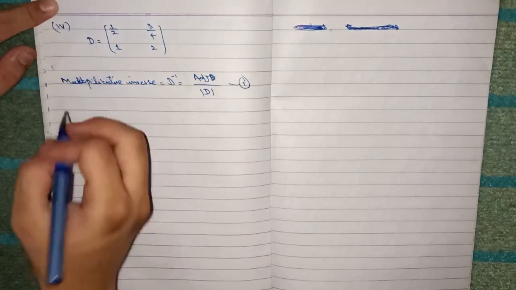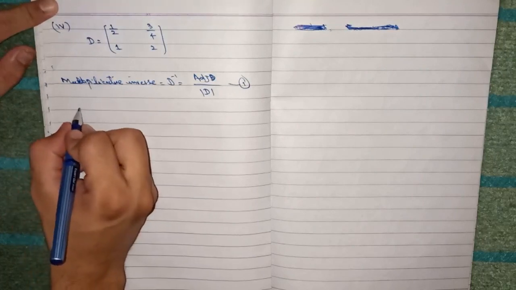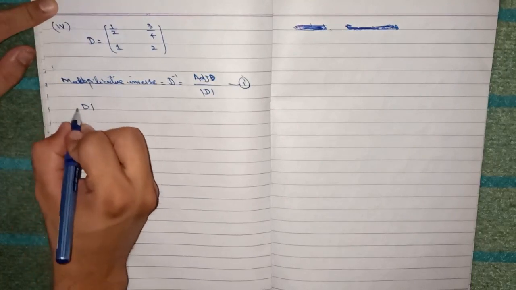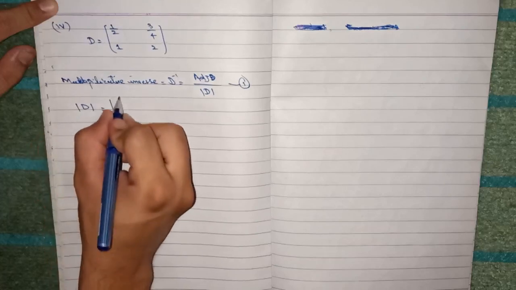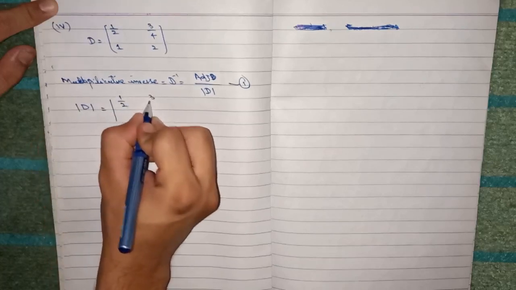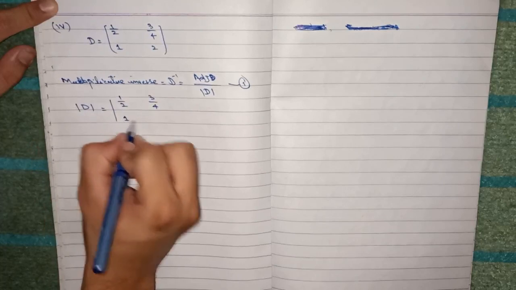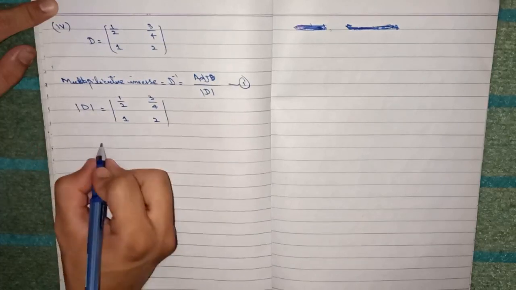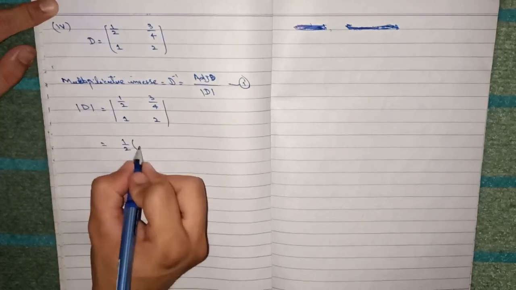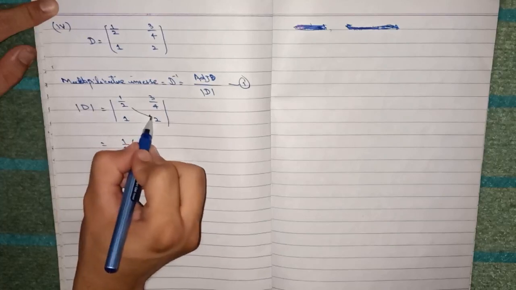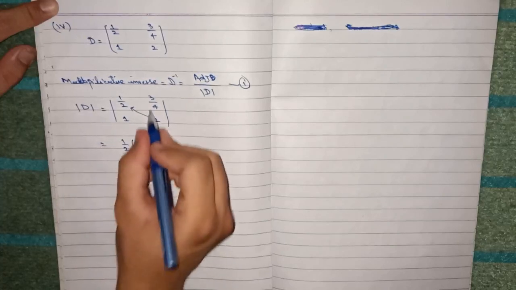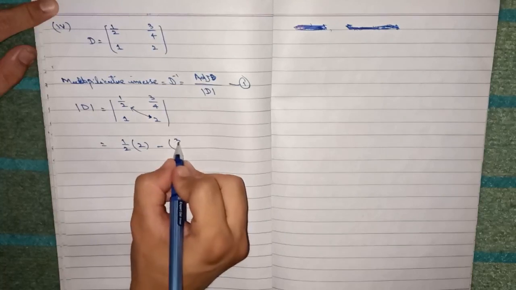Simply we'll find the determinant. So the determinant of D is equal to 1 by 2, 3 by 4, 1, 2: 1 over 2 into 2, as you know you multiply these two, minus 3 over 4 into 1.